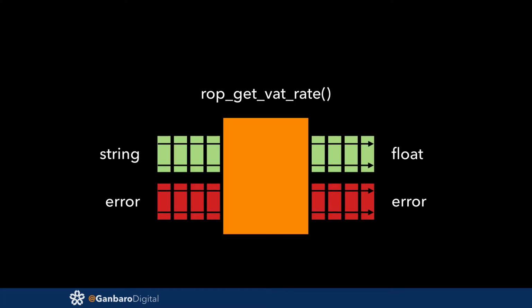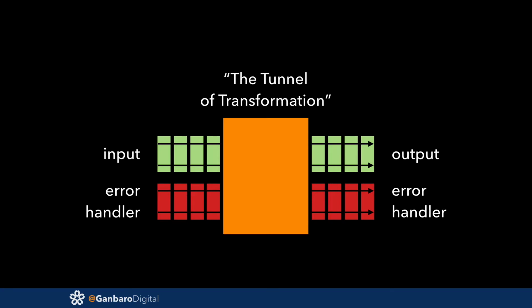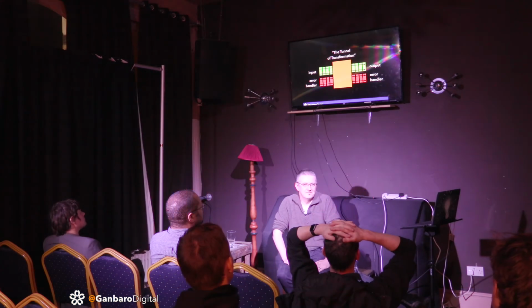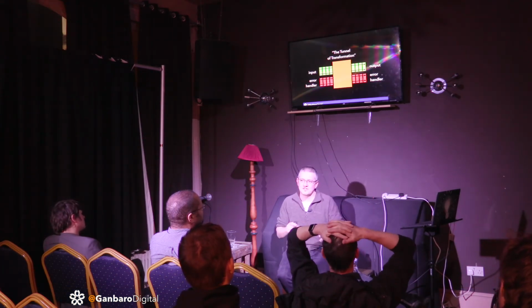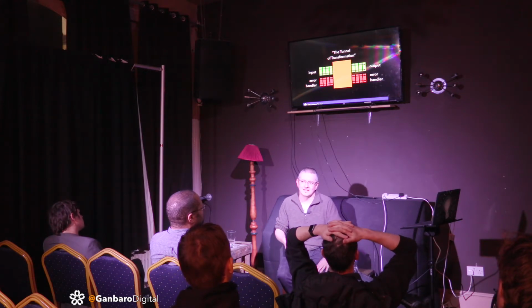But we've taken our function, which before we were drawing like this, and we've now said it looks like this. And we've said that in PHP with this implementation, this is what ROP looks like diagrammatically as a generic case. So we don't quite have the same two railway tracks that Scott does, but we're achieving the same effect by adding this callback in.